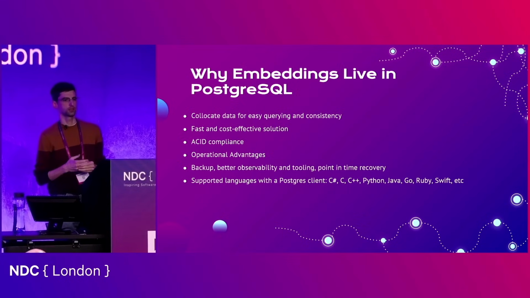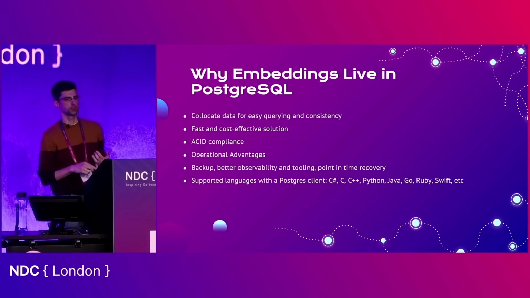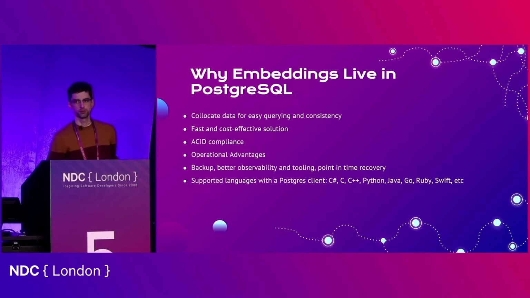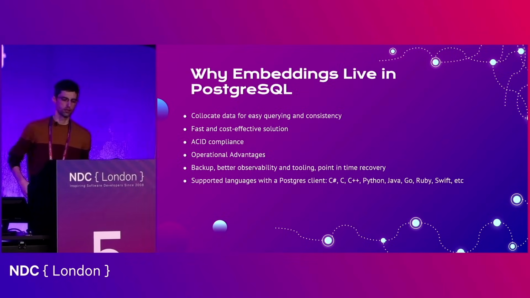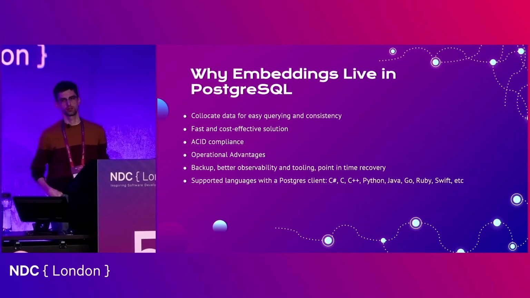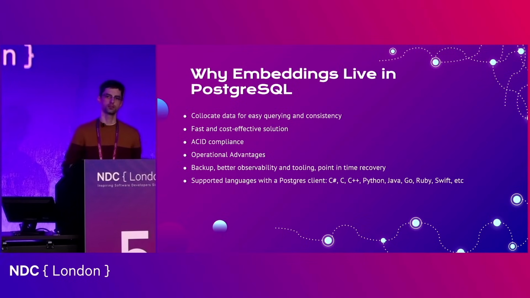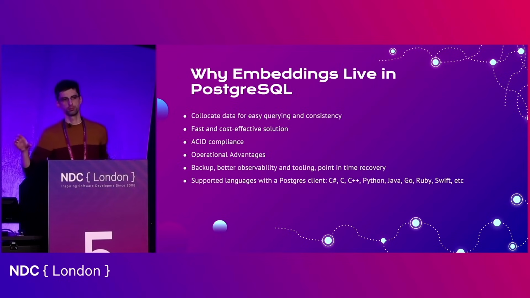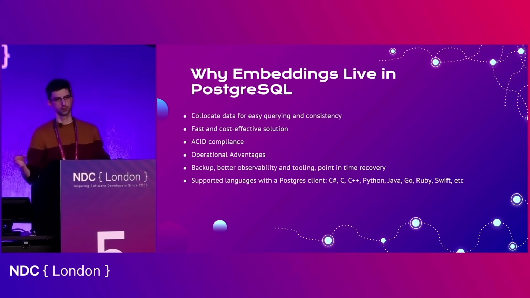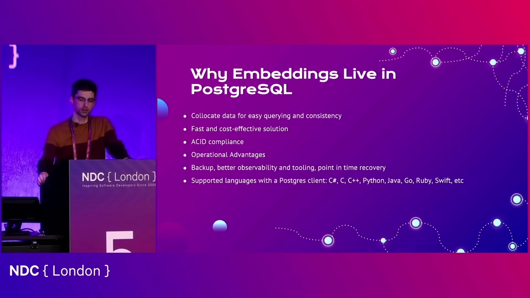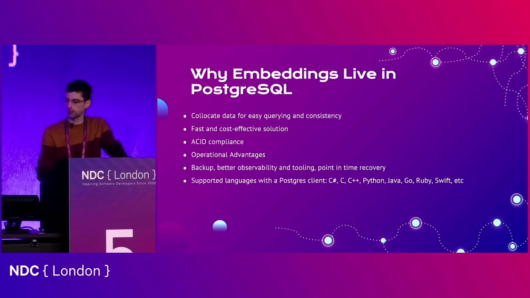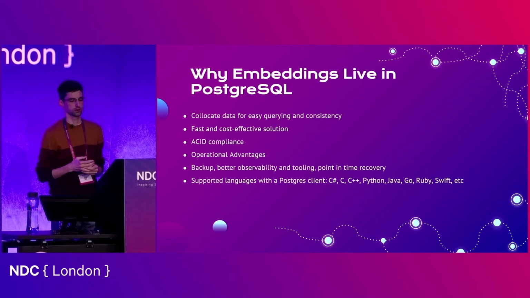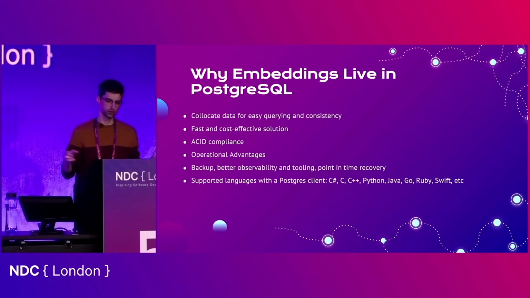We get operational advantages, like it's included in the backups. We also get ACID compliance, and it simplifies our architecture and infrastructure because we don't have to care for another server or another third-party service that we rely on. Basically, we store vector embeddings in the same place as where our data lives.